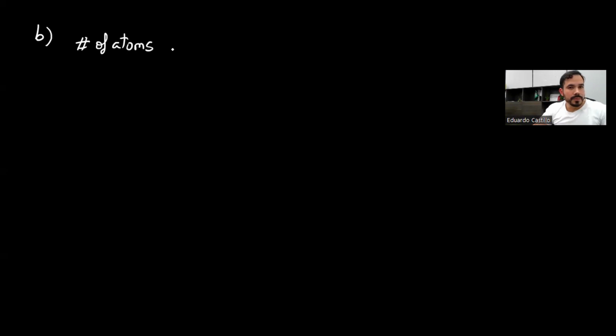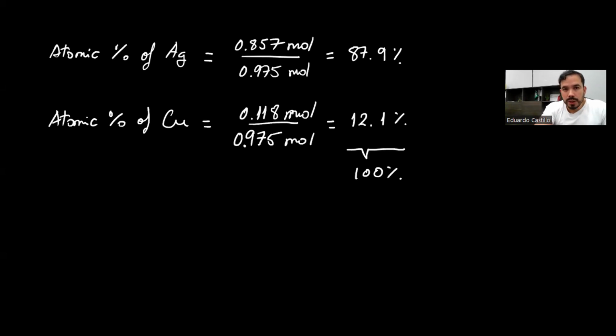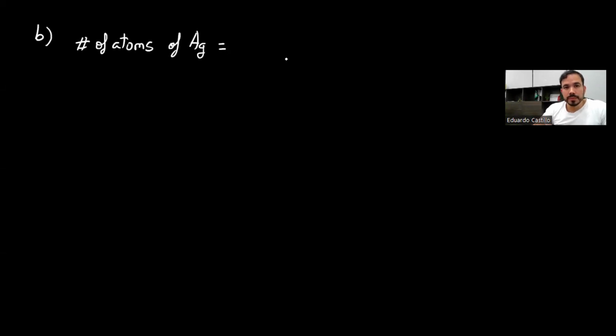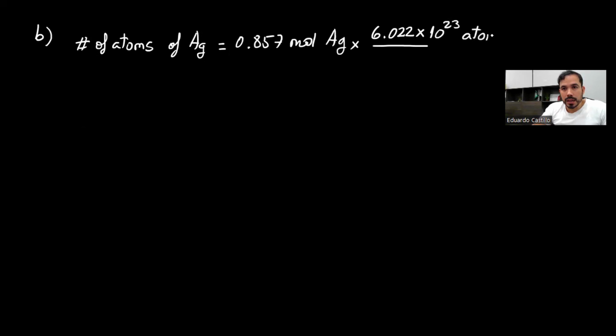So in other words, the number of atoms of silver will be the 0.857 moles of silver times my Avogadro's number, which is 6.022 times 10 to the 23 atoms within 1 mole.